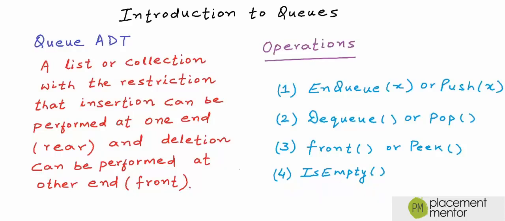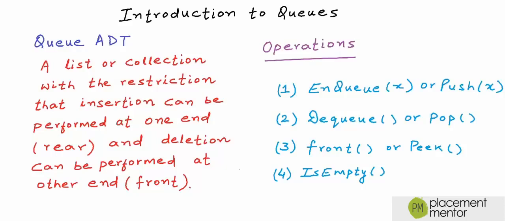Why I'm calling out these alternate names for operations is also because most of the time we do not write our own implementation of a data structure. We use inbuilt implementations available with language libraries. The interface can be different in different language libraries. For example, if you use the inbuilt queue in C++, the function to insert is push, while in C# it's enqueue.